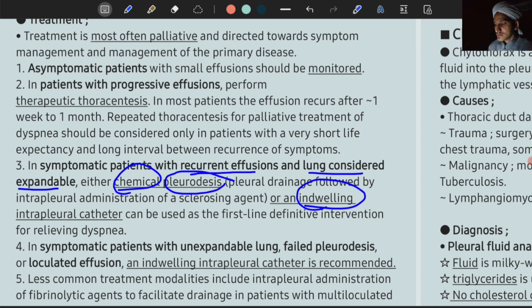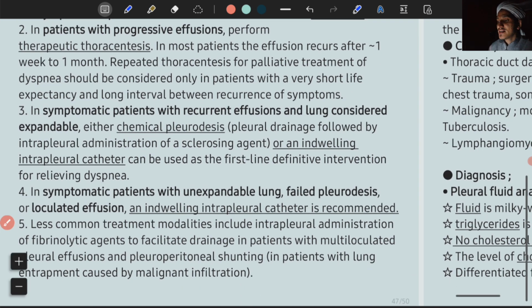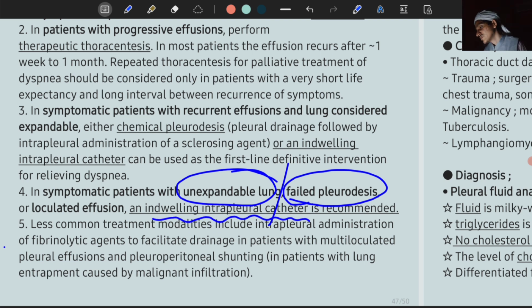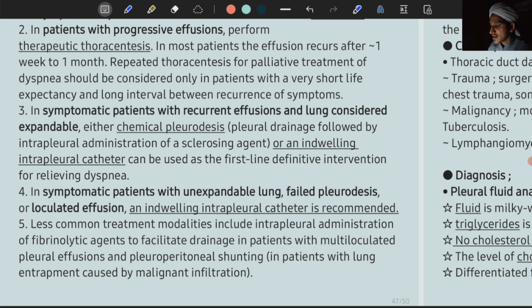Now, in symptomatic patients where the lung is unexpandable, or if the pleurodesis has failed, then the last option which remains is the indwelling intrapleural catheter. These are the things which we do in malignant pleural effusion, usually palliative in treating the malignancy.